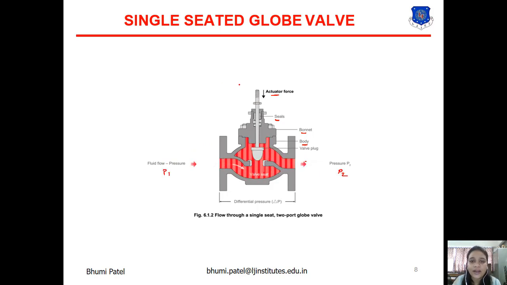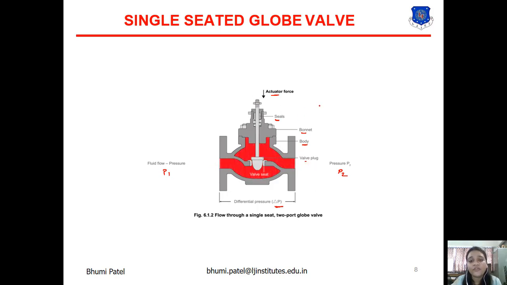So whenever the actuator moves upside, the valve plug is in the open connection, the pressure goes from P1 to P2 and we can measure the differential pressure delta P. Now the valve plug and valve seat are initially connected.